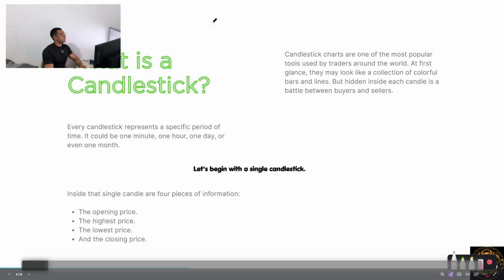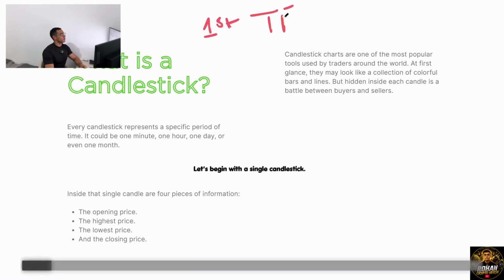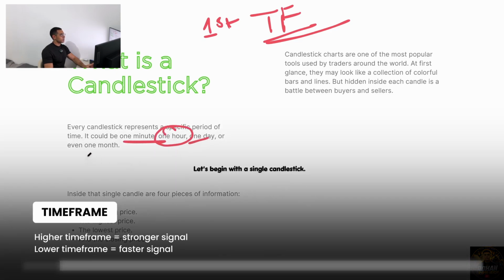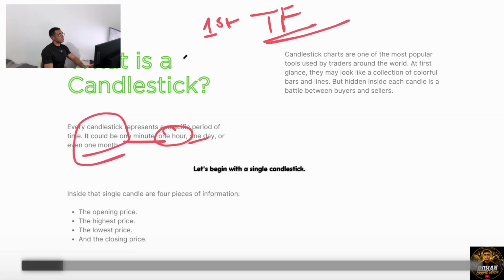The first one would be your time frame. We'll call it TF. So time frame is basically the duration of the candle. It could be either 1 minute, 1 hour, 1 day, or even 1 month. So keep in mind, first when you're looking at a candle, time frame.